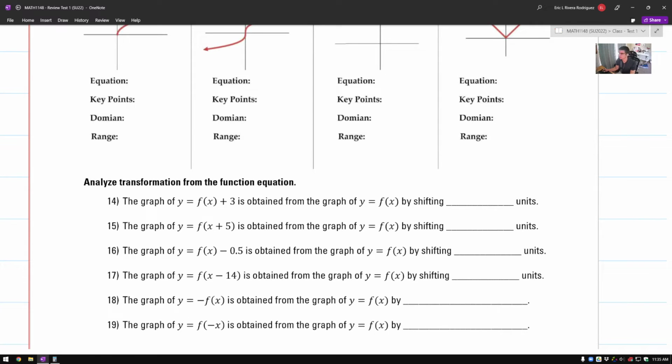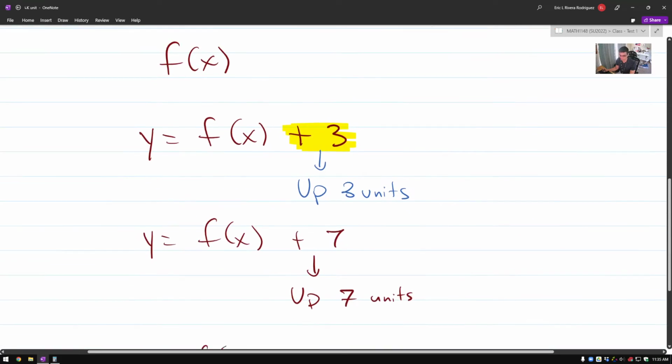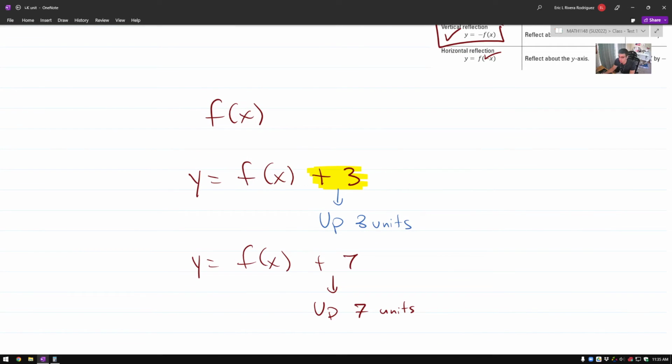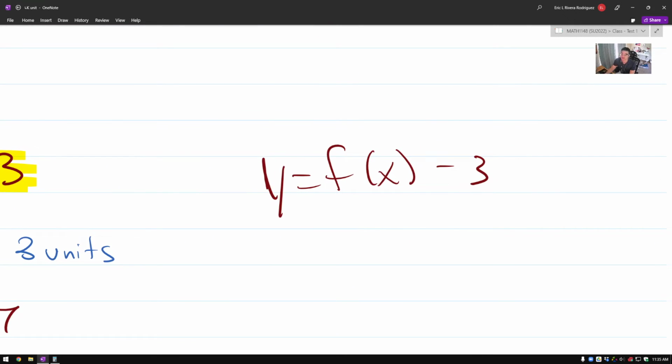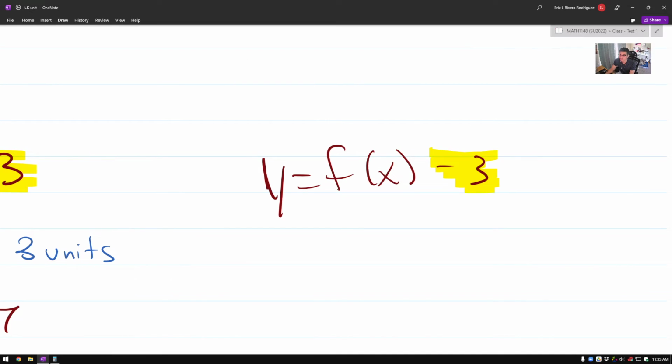Let's go back to the examples. Remember those examples: if we add, we go up, right? If we subtract, we go down that many units, 3 units.